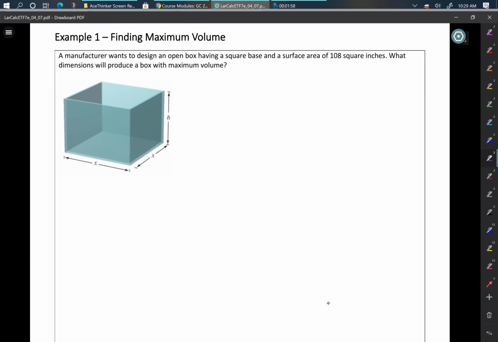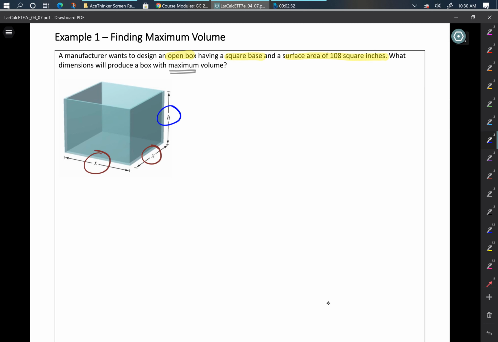We want to create a box that has an optimized volume, in this case a maximum volume, and the conditions are that it has to be an open box, it has to have a square base, and it has to have a surface area of exactly 108 square inches. Luckily, someone has drawn us the picture. The x and x are what make the base square, but they're using a different variable, h, for the height because nothing in the problem says this must be a cube.